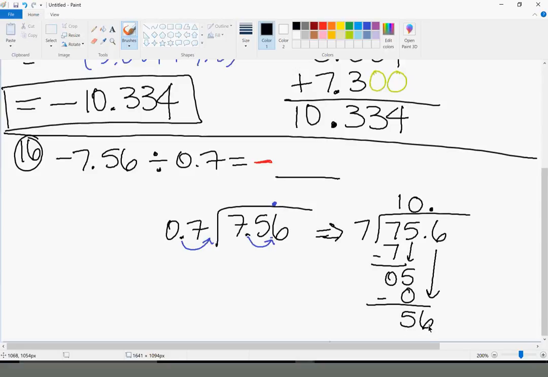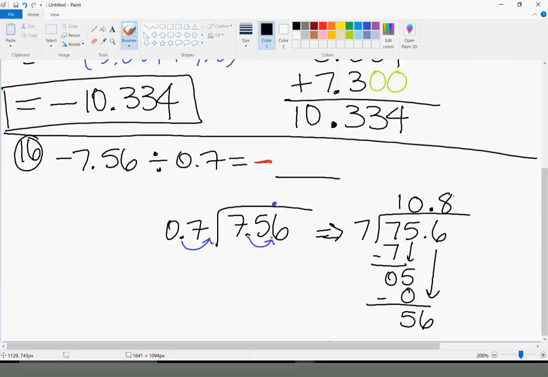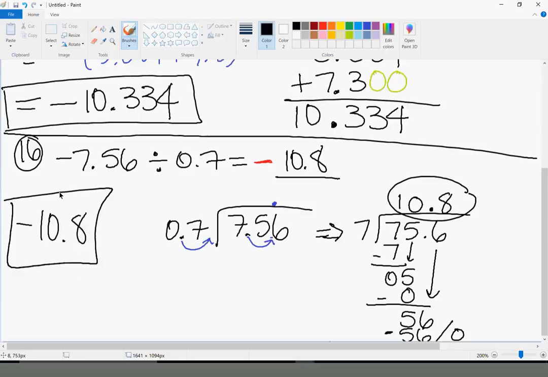So 7 divides into 56 8 times. And so knowing your multiplication tables is extremely helpful in this class. 8 times 7 is 56. We subtract, we get 0, so there's no remainder. So this is your quotient. So the answer is going to be negative 10.8. That's going to be your final answer.